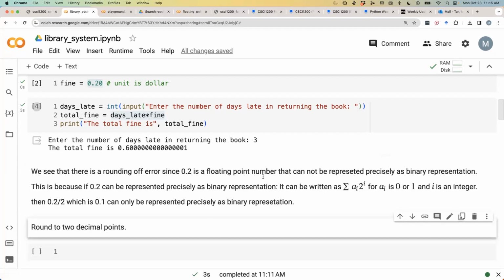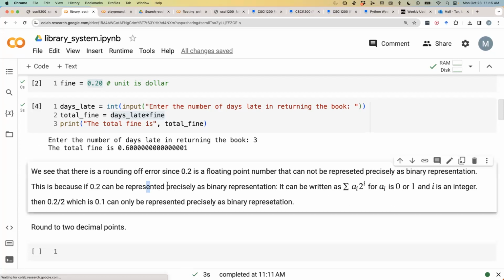Okay, it can be a negative integer. So if it can be represented precisely as a binary representation, it can be written in this form.